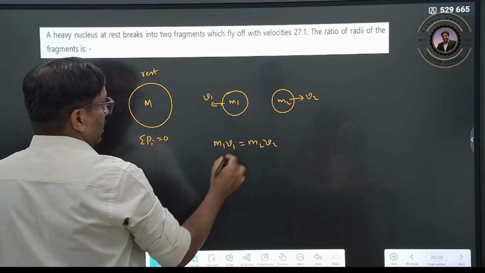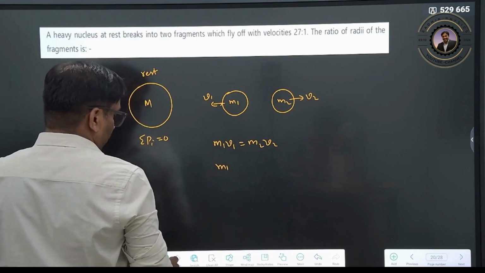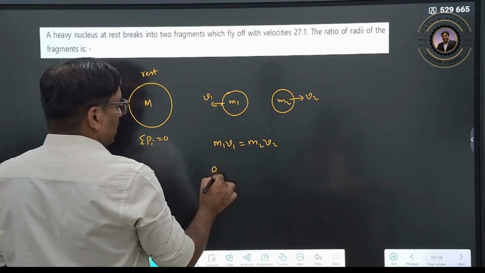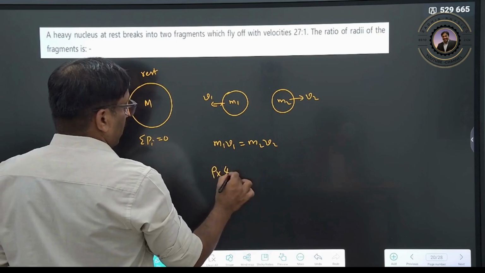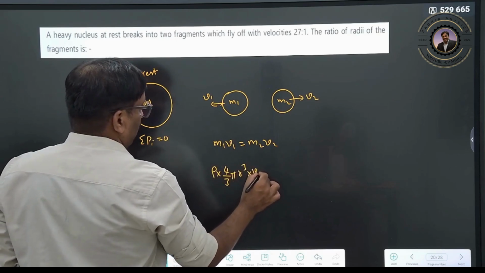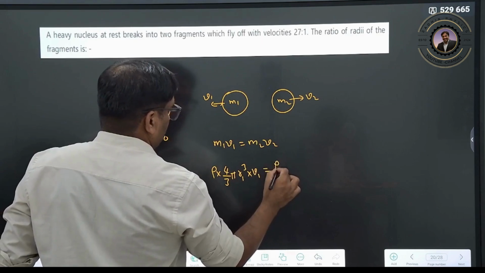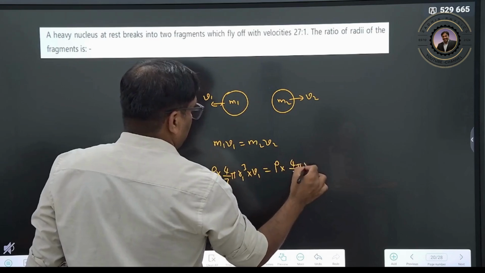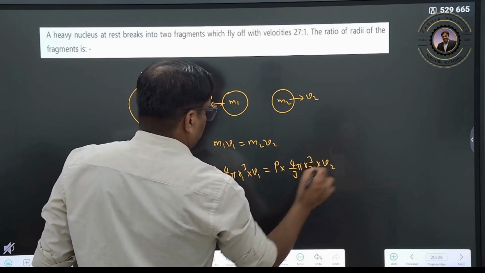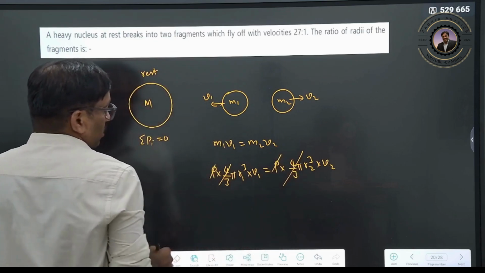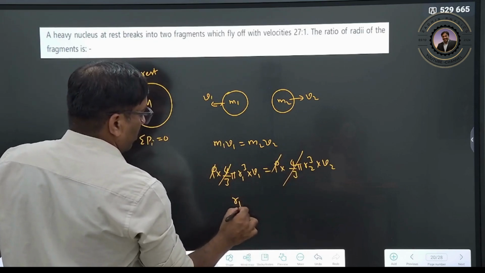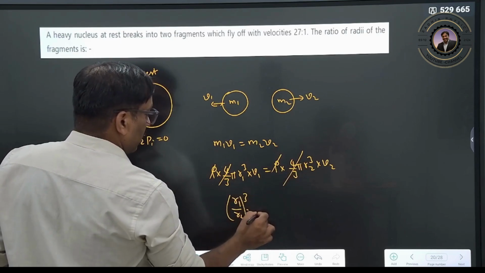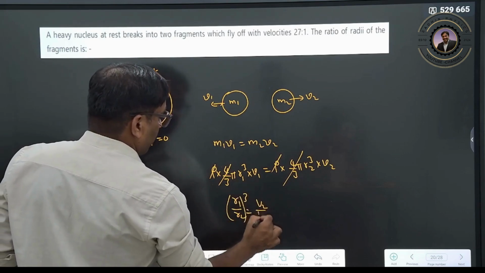He is asking for the ratio. Mass is density into volume, so density into 4 by 3 pi r1 cube into V1 is equal to density, same material, into 4 by 3 pi r2 cube into V2. This gets cancelled out. Therefore r1 by r2 whole cube is equal to V2 by V1.